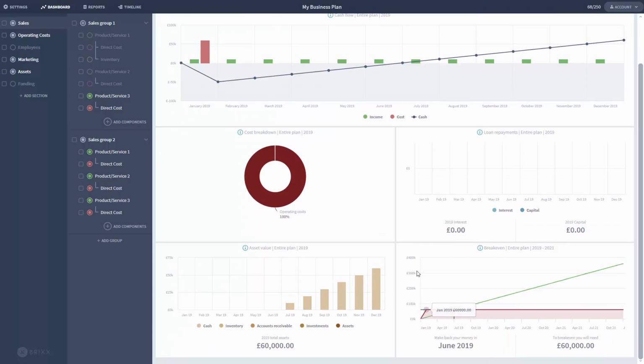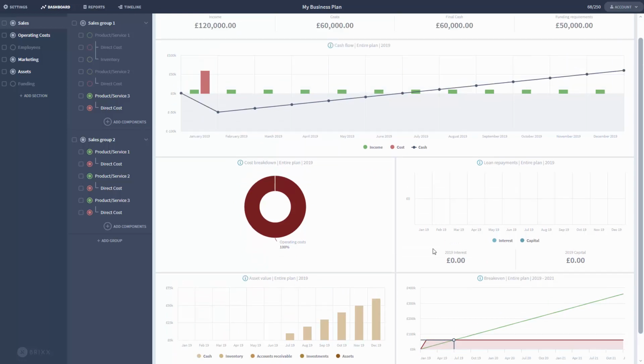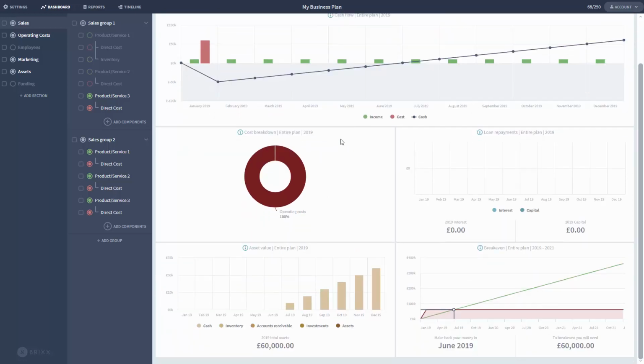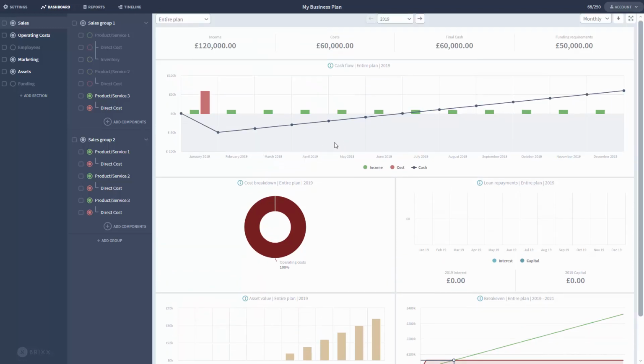So that's a really simple example. It's meant to show you how long it's going to take before you make your money back. And as you start to add more complicated numbers, it gets more interesting and more useful.